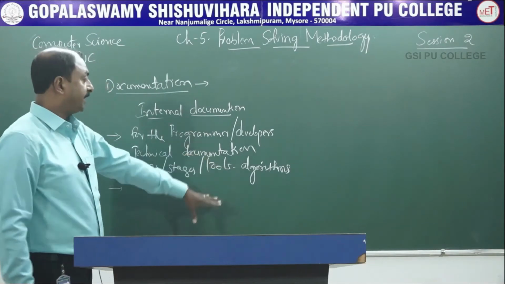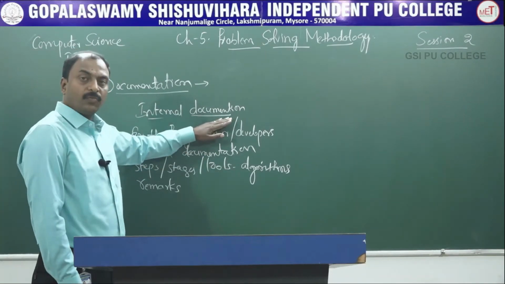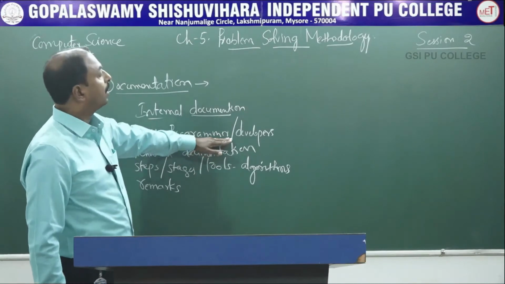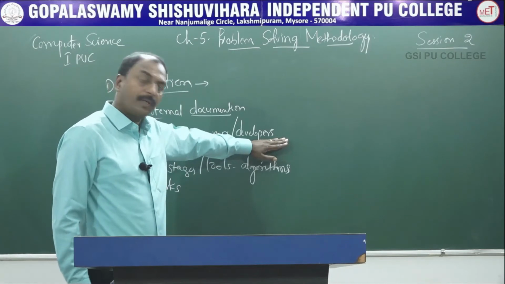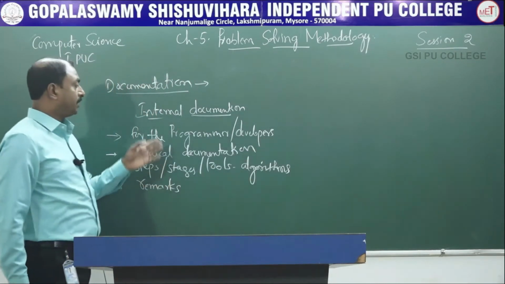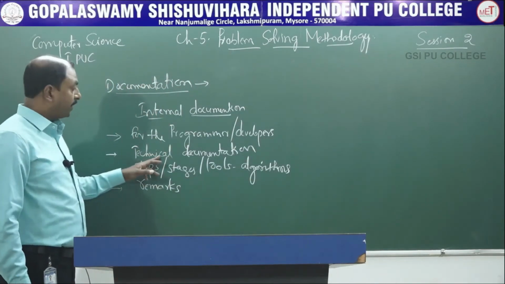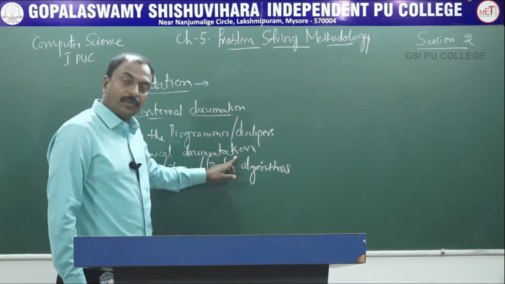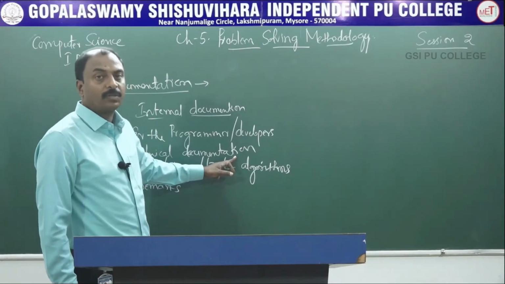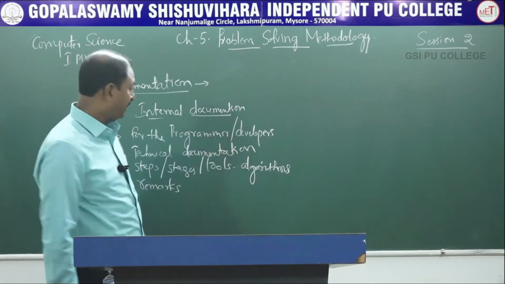So what is it exactly? This documentation is for the programmer or the software developer who has developed a particular application. In this documentation, the programmer might have mentioned the technical documentation or hardware requirements or maybe software requirements for this particular application.